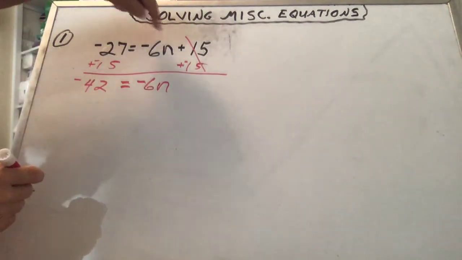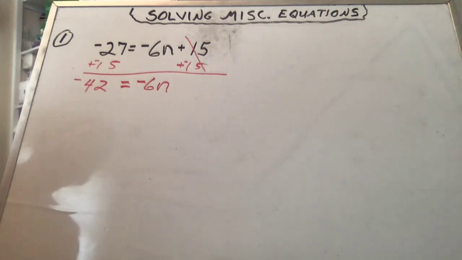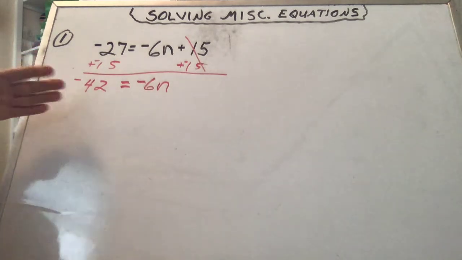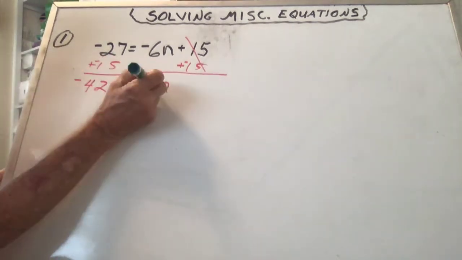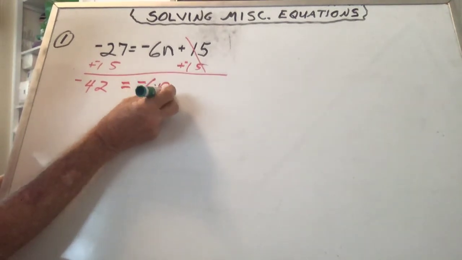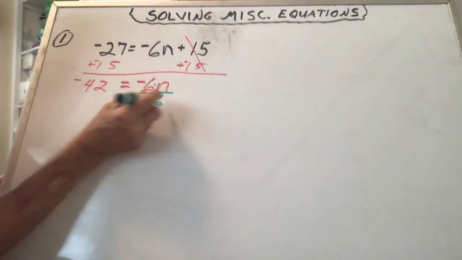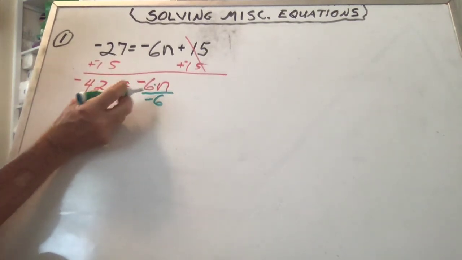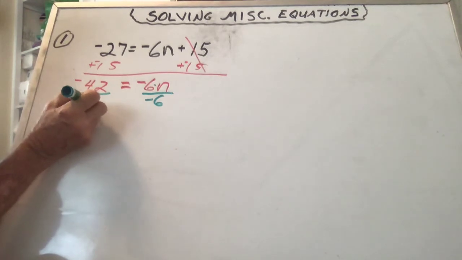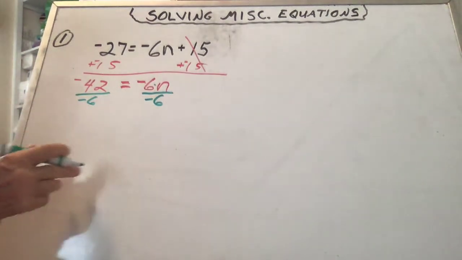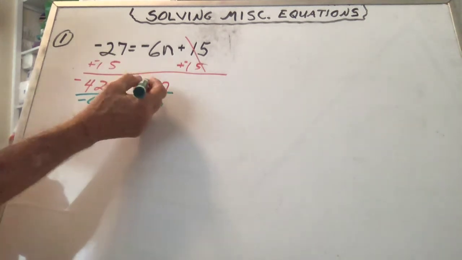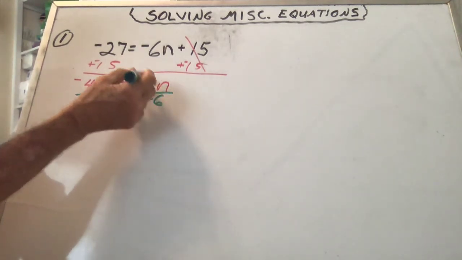So we're after getting our variable by itself. We do that by getting rid of what's being added or subtracted first. Now we're over here. This is multiplication, so the inverse operation is division. Notice it's negative 6 times n. So to make that go away, I divide by negative 6. You won't have color coding, you'll all be in gray or blue, whatever you're doing your work in. Negative 6 divided by itself is 1.